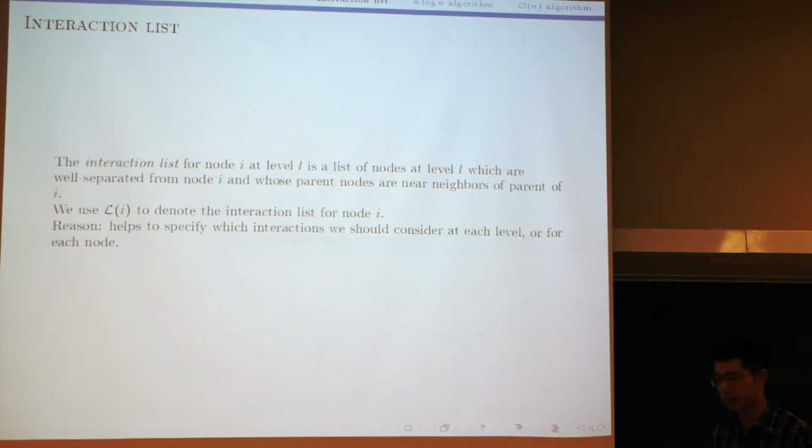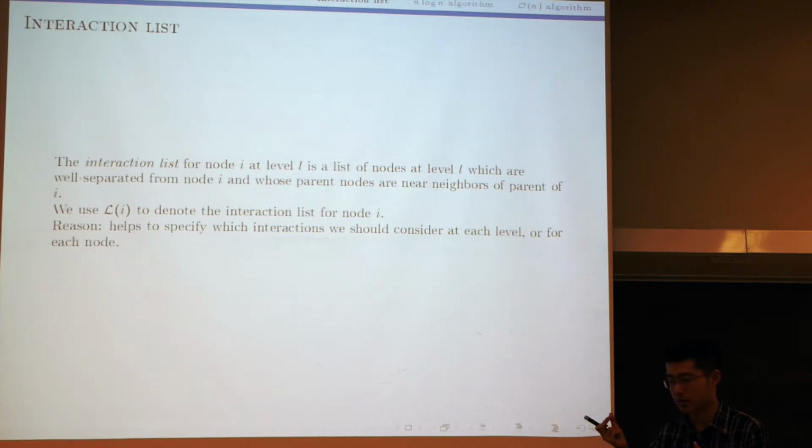Well, as I mentioned before, we are going to use the factorization for well-separated clusters in the general setting. But how can we determine which pairwise interactions we consider in each level?